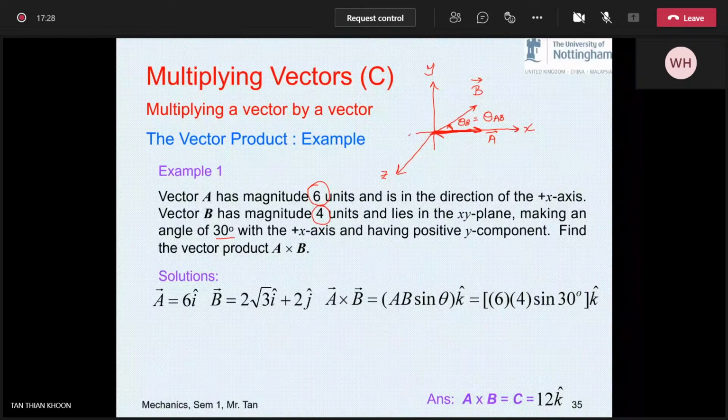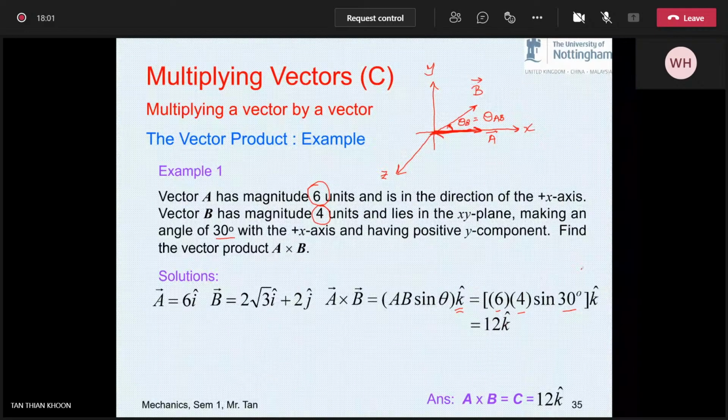So by using the right hand, we obtain the resultant direction, which is k. So we just substitute the values of A and B and sine theta. Therefore, we obtain the resultant A cross B, which equals 12k.